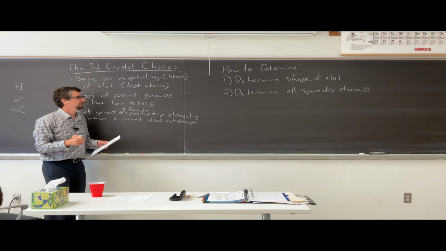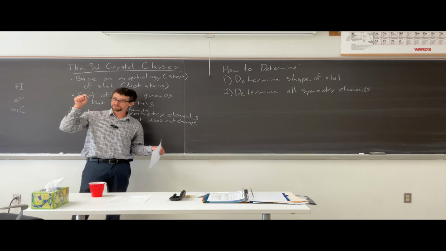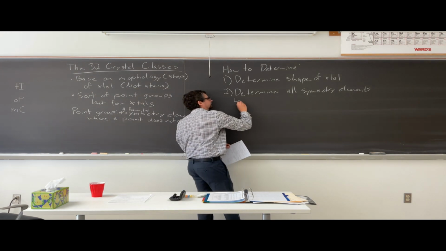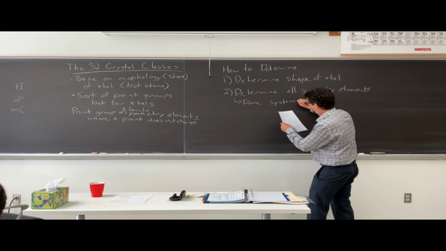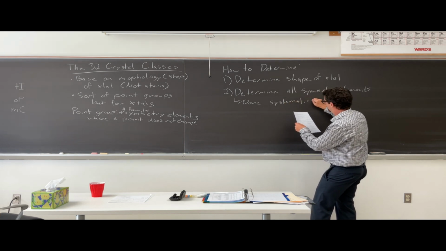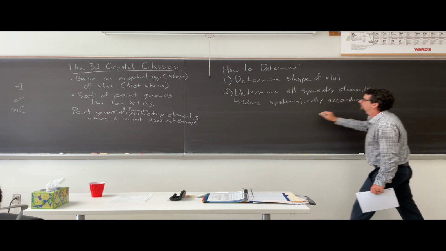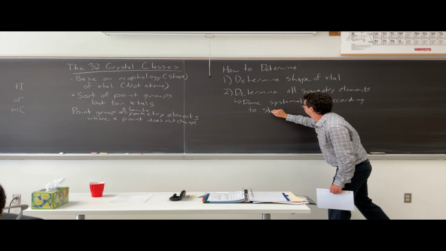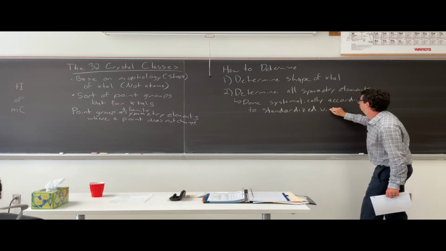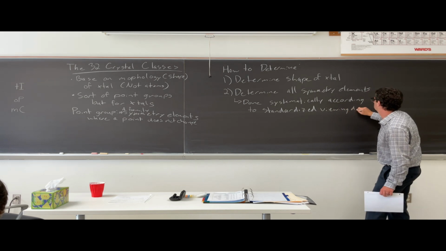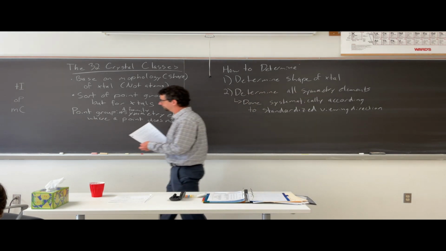Okay, and how do we determine all these symmetry elements? We do it systematically, and we do it based upon the crystal viewing direction. So there are many ways that we could look at the crystal.